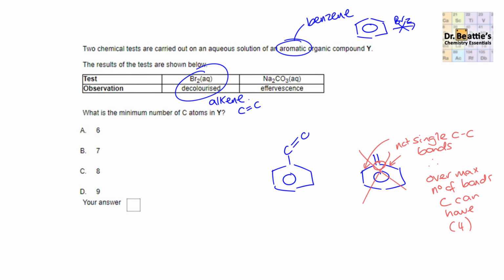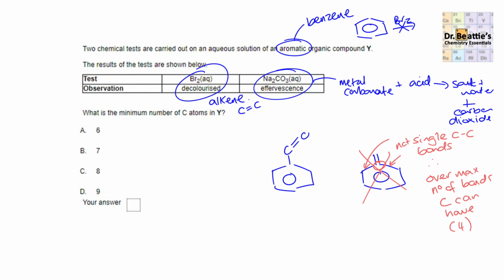We're told that we see effervescence with a metal carbonate, which is indicative of an acid, because metal carbonate plus acid gives salt, water, and carbon dioxide, which is this fizzing or effervescence. That acid is going to be a carboxylic acid. Again, that carbon of the carboxylic acid has to be outside of the ring.